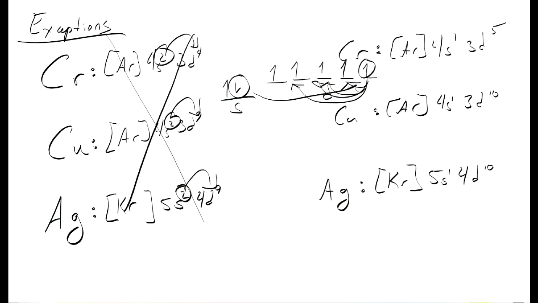Now, why are they able to do that? Because although the d subshell is higher in energy, it's not much higher in energy. So the difference between the two subshells is less than the energy you get back from resonance.